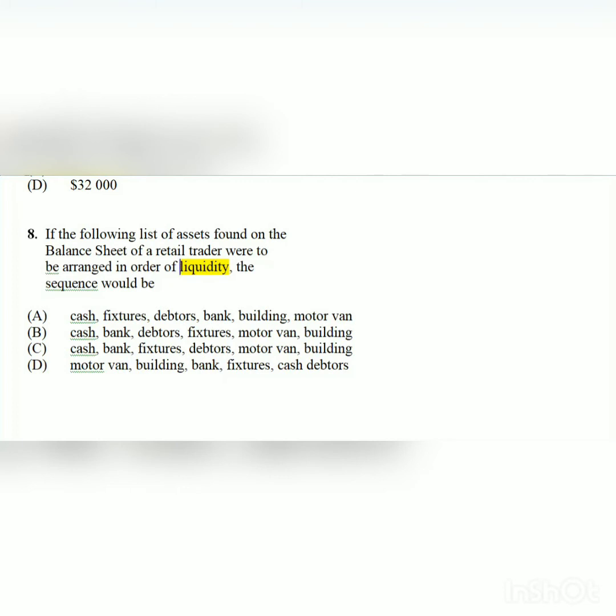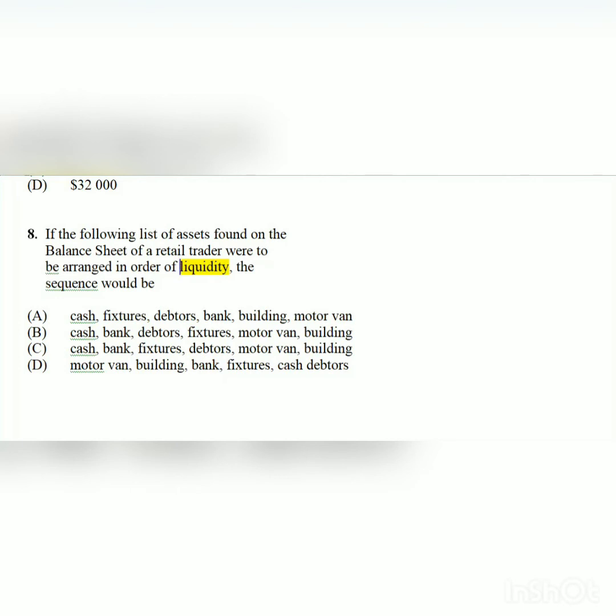So if we look at option D, we realize that motor van here wouldn't be the most liquid asset. So for it to be liquid, it must start with cash, because cash in hand is the most liquid. You can use it to do whatever you want it to do.